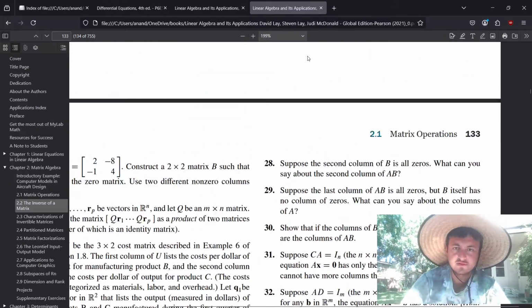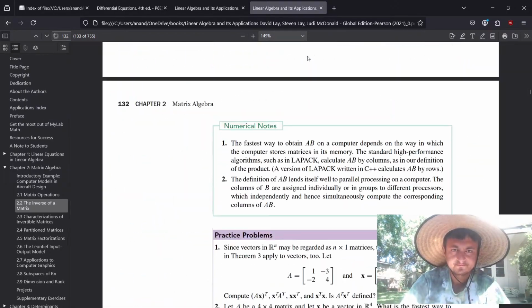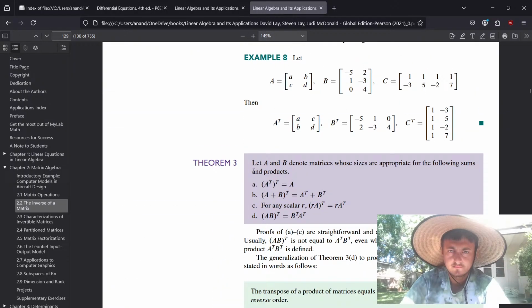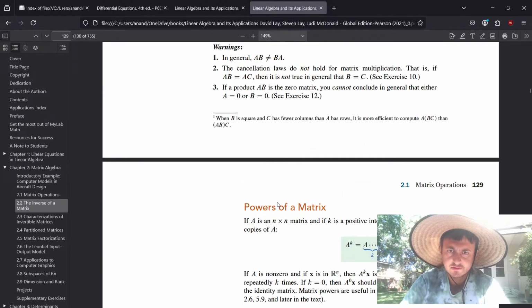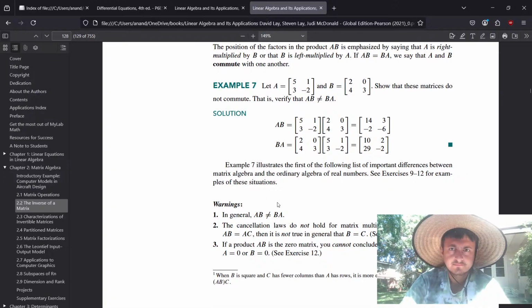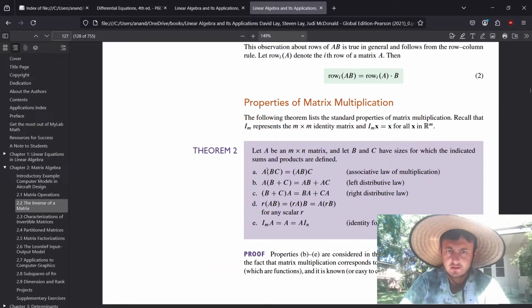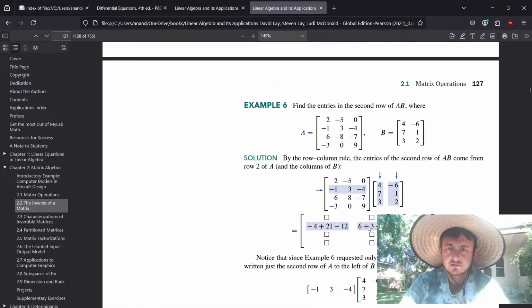What were the theorems of this section? Transpose theorems. The algebra.